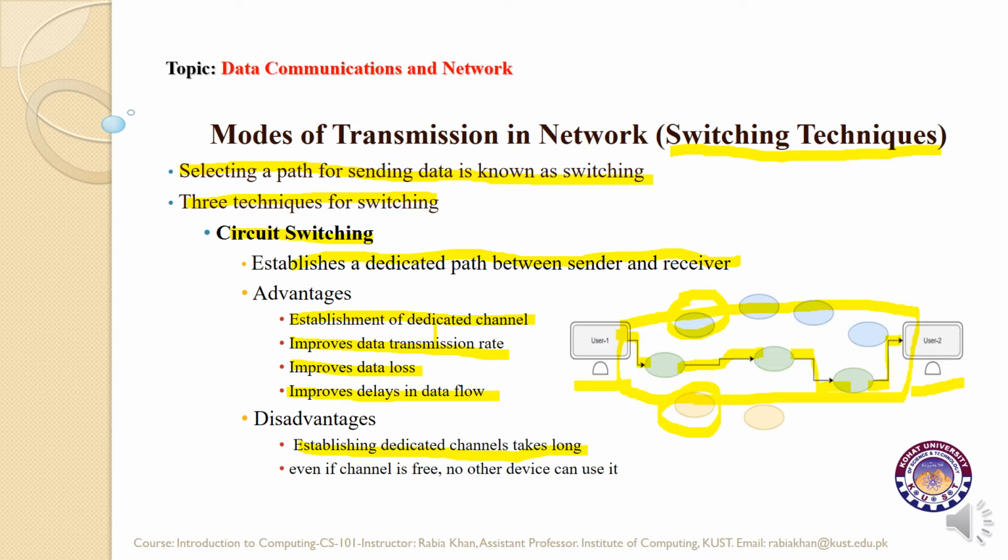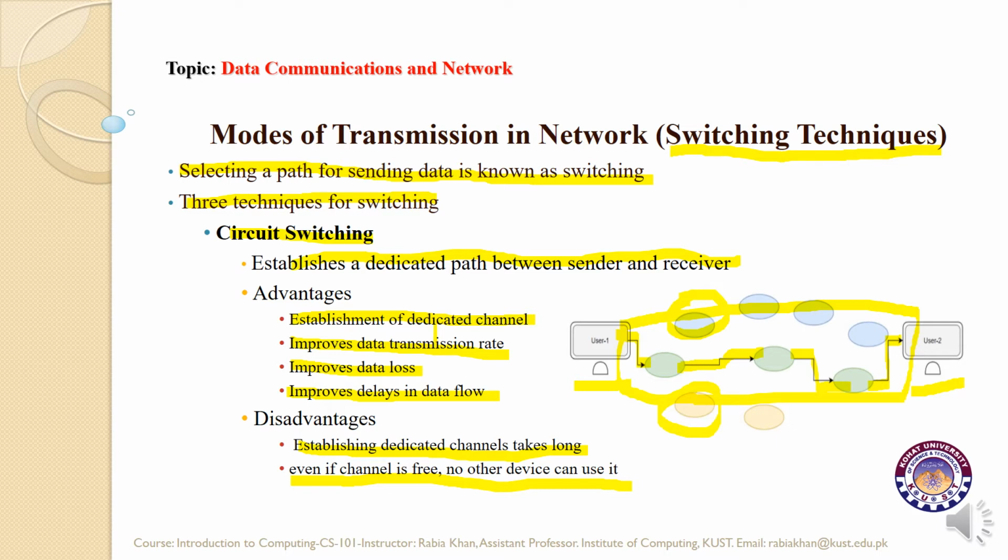So the dedicated channel may take some time to establish, and another disadvantage is that even if the channel is free, no other device can use it. The dedicated path is only developed between two parties. No third party can interfere in that dedicated path.